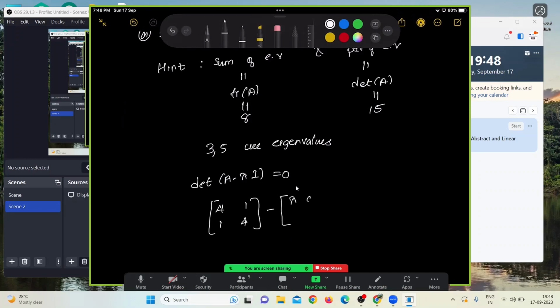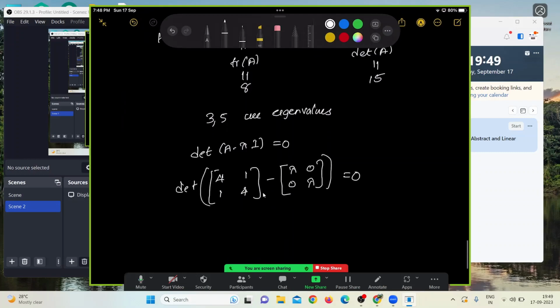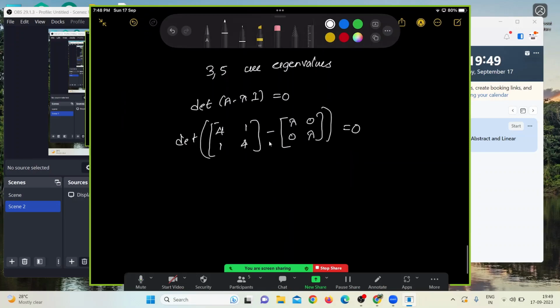We can write it as the determinant of 4 minus lambda, 1, 1, 4 minus lambda. This is just the calculation.